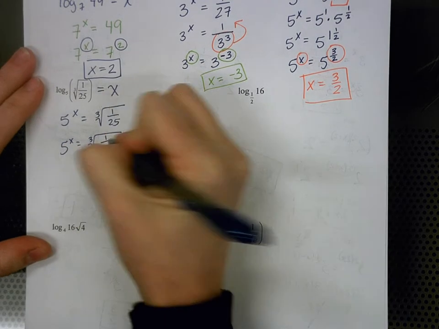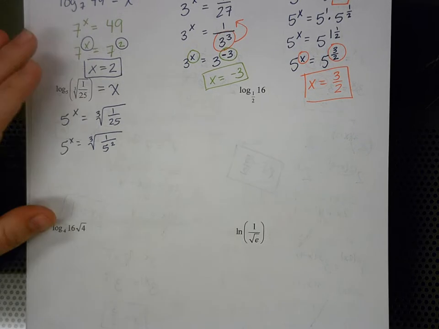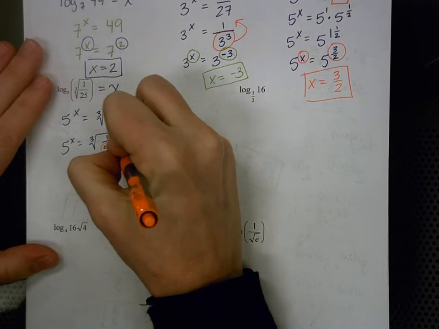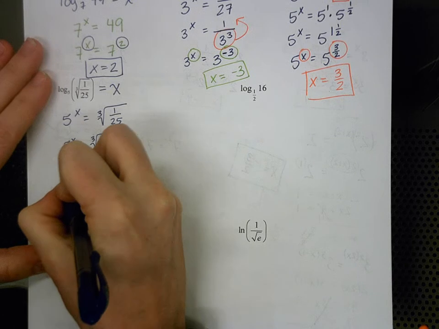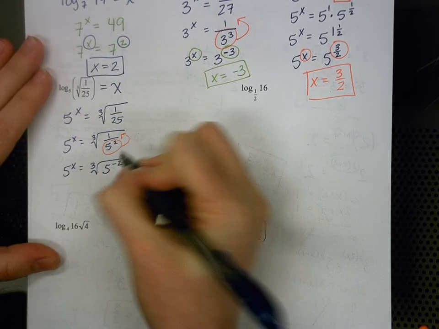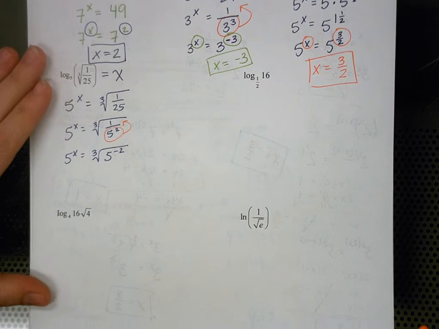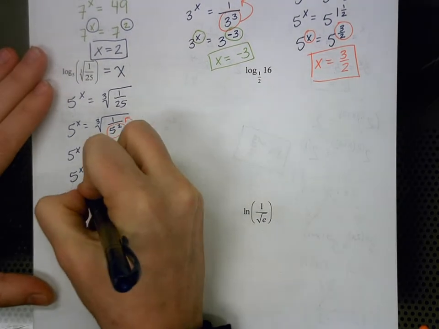25 is rewritten as 5 squared. Remember, we're going to move this across the fraction line and make the exponent negative. So that would be 5 to the -2. Now we're going to rewrite this radical in exponential form.